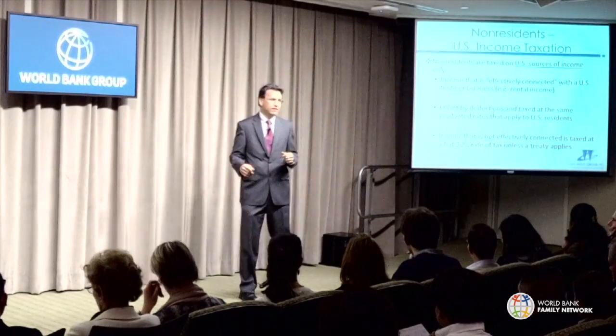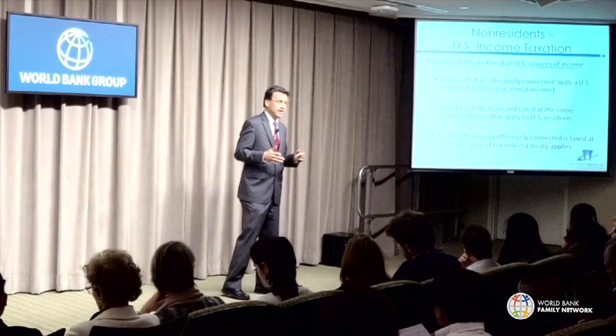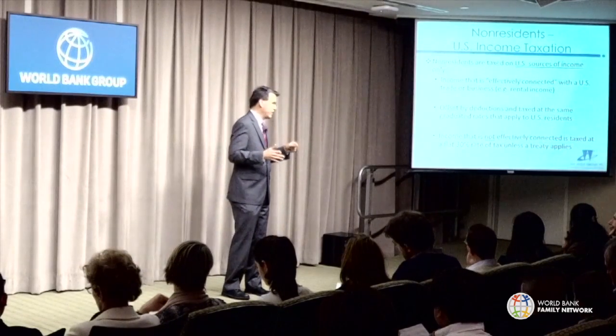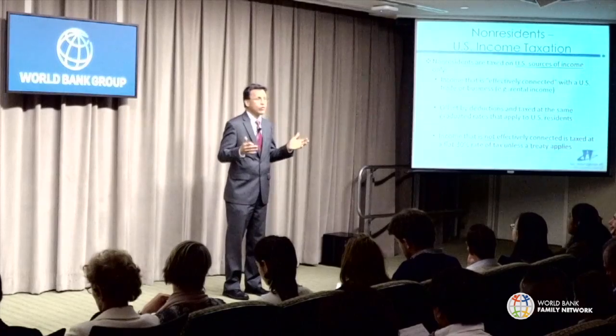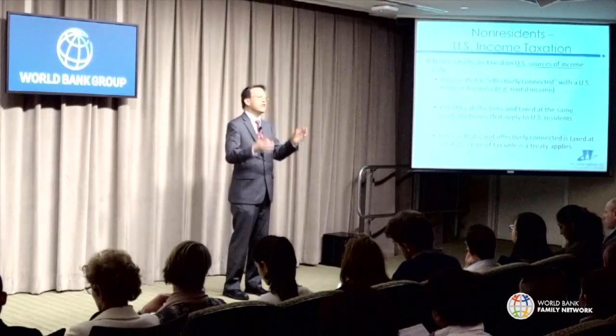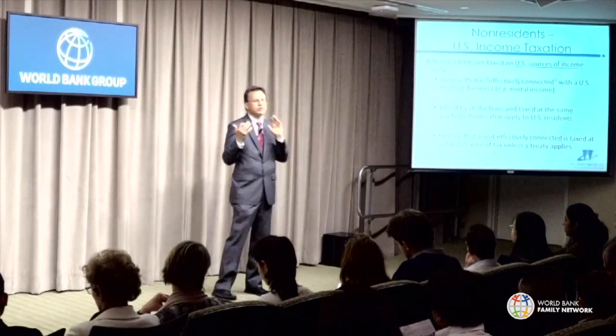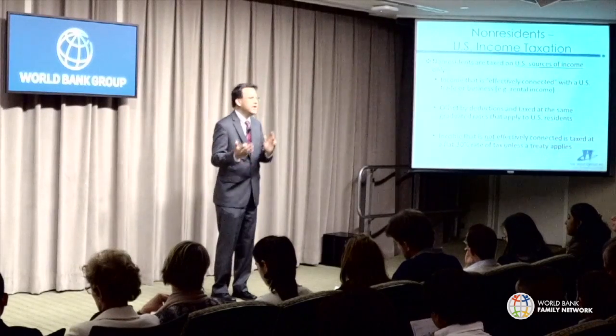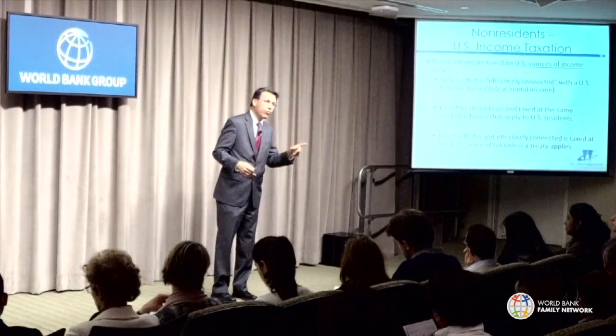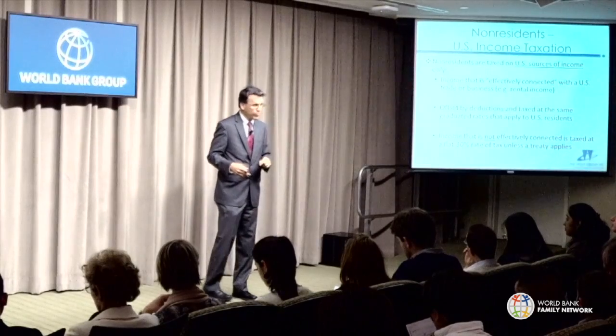Effectively connected income. And that income is effectively connected with a U.S. trade or business in the U.S. In other words, you're taxable. Even though you're a non-resident, because your work's derived in the United States, those wages or self-employment income is taxable.